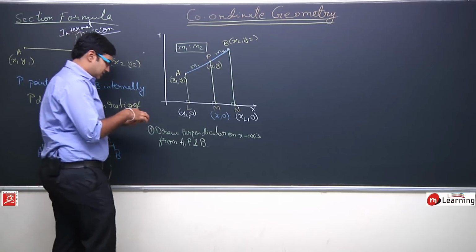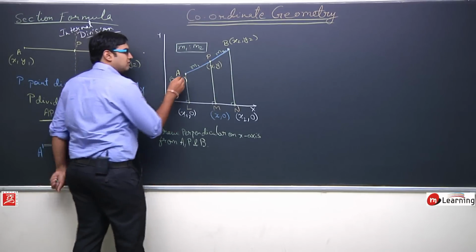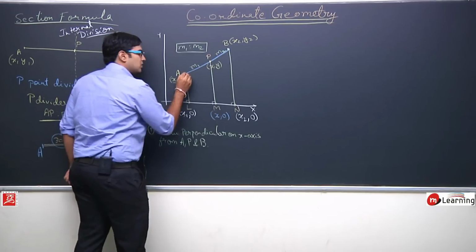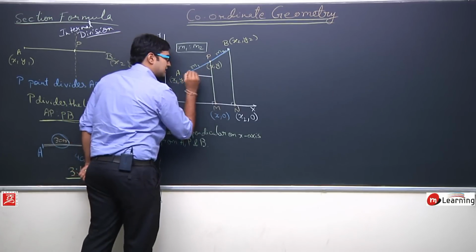And the second thing we are going to do is draw a perpendicular from A on PM. So it will be something like this.